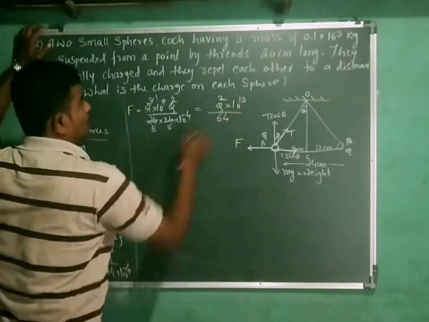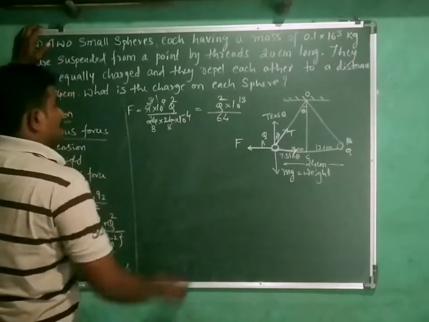So Q square into 10 to the power 13 divided by 64 Newton.